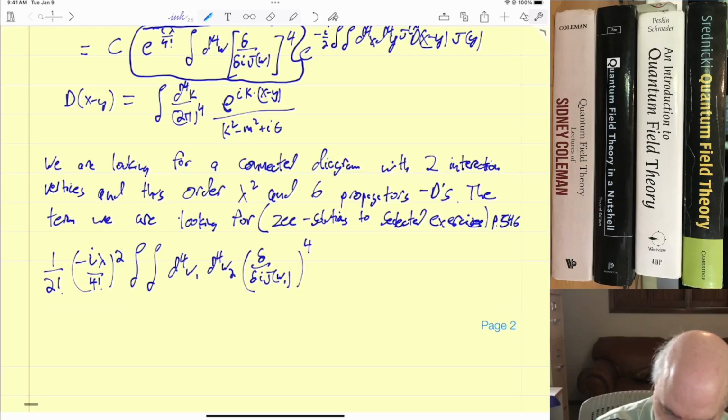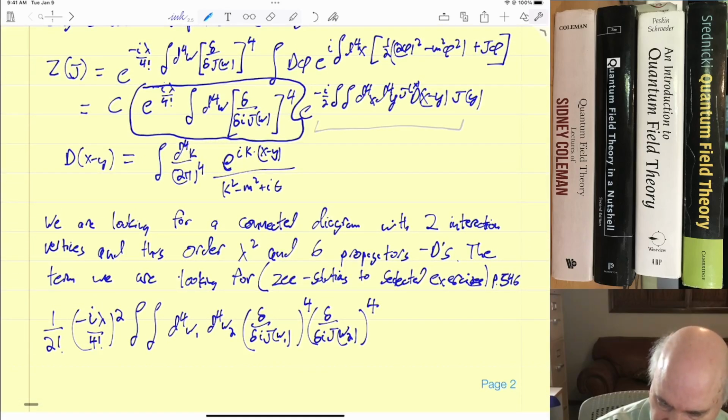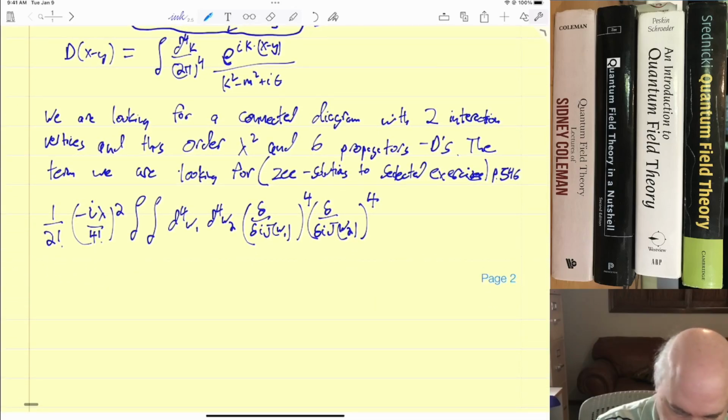So it's this to the 4th. And now we're going to apply that. This term over here, we're going to Taylor expand that also. We want the second term because we want 6 propagators, and so we want the 6th order term.